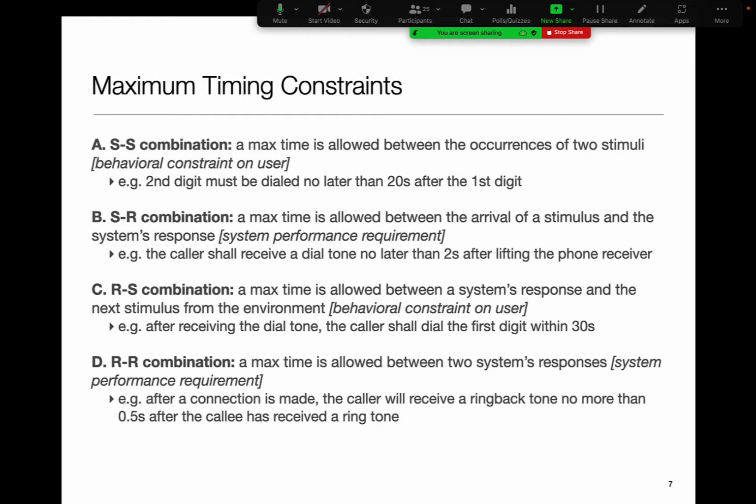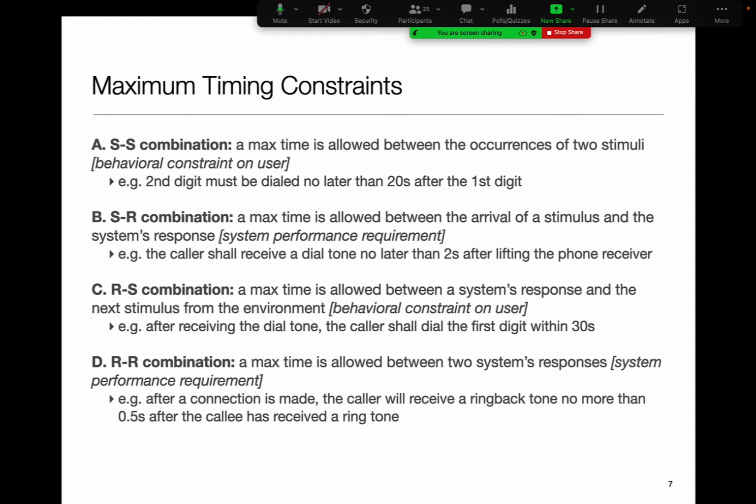So deep down in the software layer, you might imagine that when we pick up the phone, a new task was maybe created and it would generate the dial tone. So there is some implied latency that the system has to honor. So this is the second case, a requirement on the system, and you can see how it might translate into a latency requirement on the underlying system.